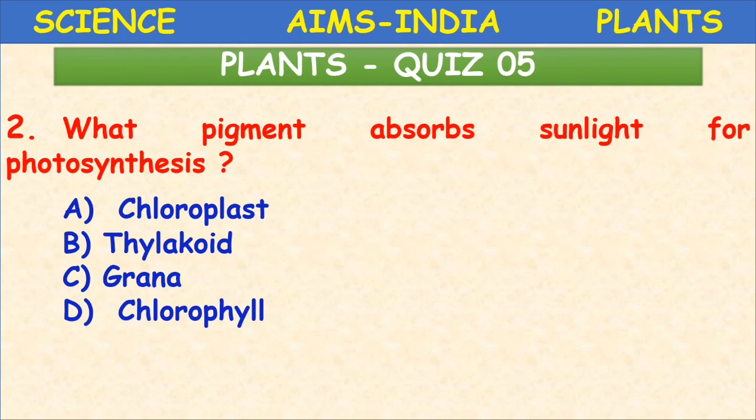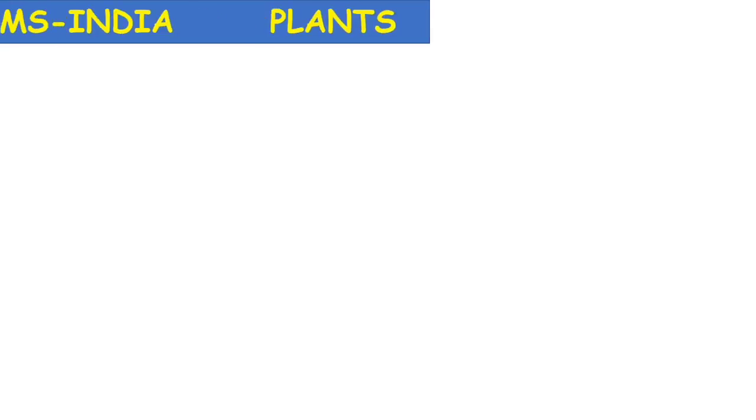Which pigment, children? We said this is very helpful, it is green in color, and it is in the leaves. Guess the answer. Yes, it is chlorophyll. It is a pigment which absorbs the sunlight for photosynthesis. Now the third question.